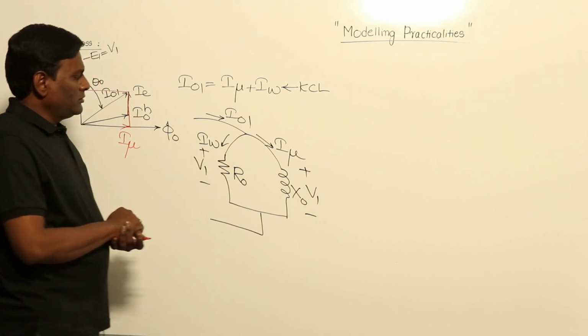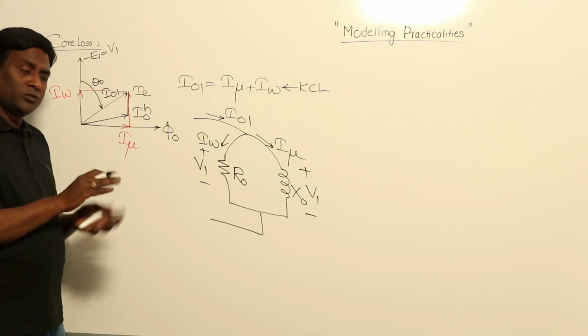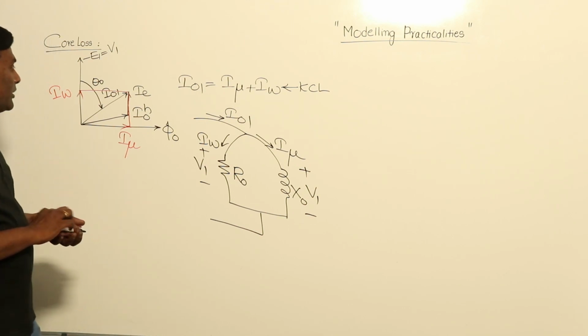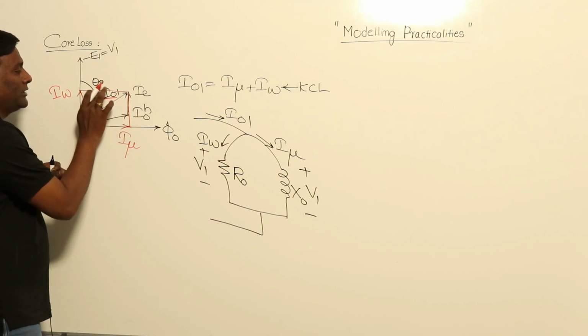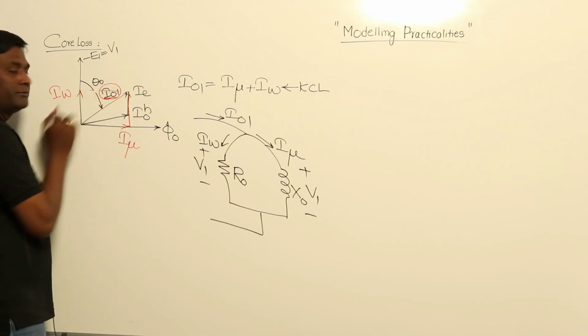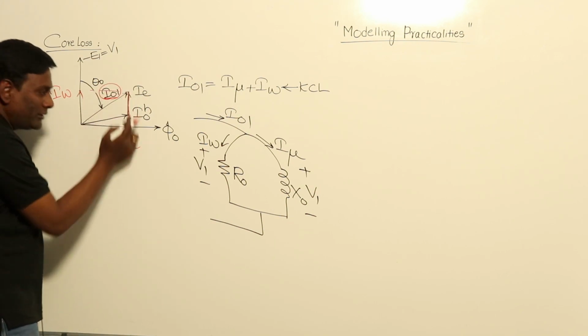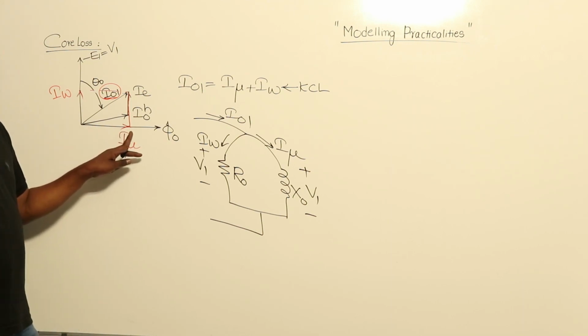Now, what are the parameters depending upon: hysteresis only, or eddy currents only, or both? Let us discuss. This is going to be I01. For this I01, the component in line with phi naught is going to be I mu. Will the I mu component be decided by hysteresis only, or eddy currents only, or both?